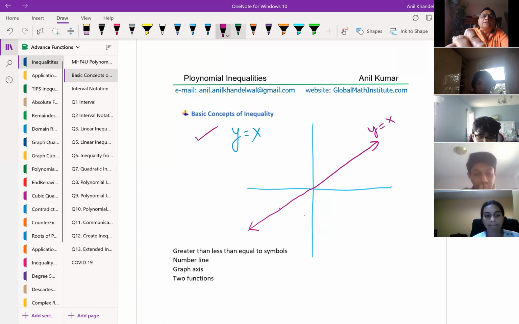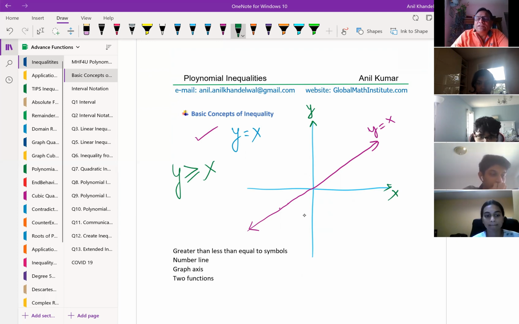Now, let me change this. If I say y is greater than or equal to x, that really means we are looking for y values which are greater than x or equal to x. So y is represented on the vertical axis, x on the horizontal, x being the independent parameter, correct?